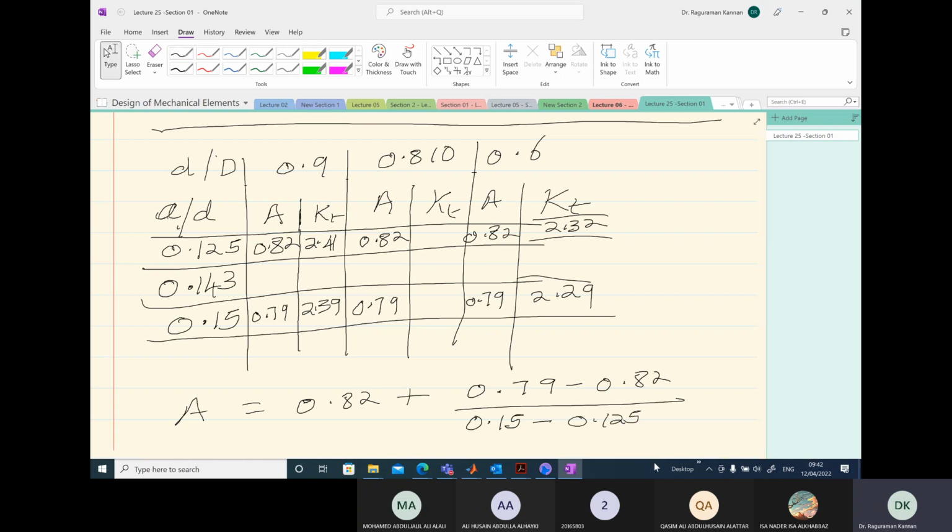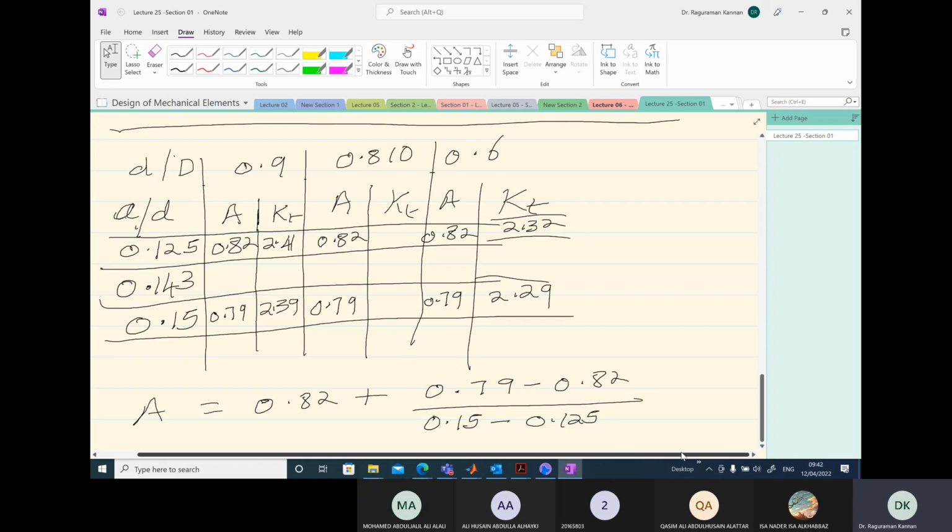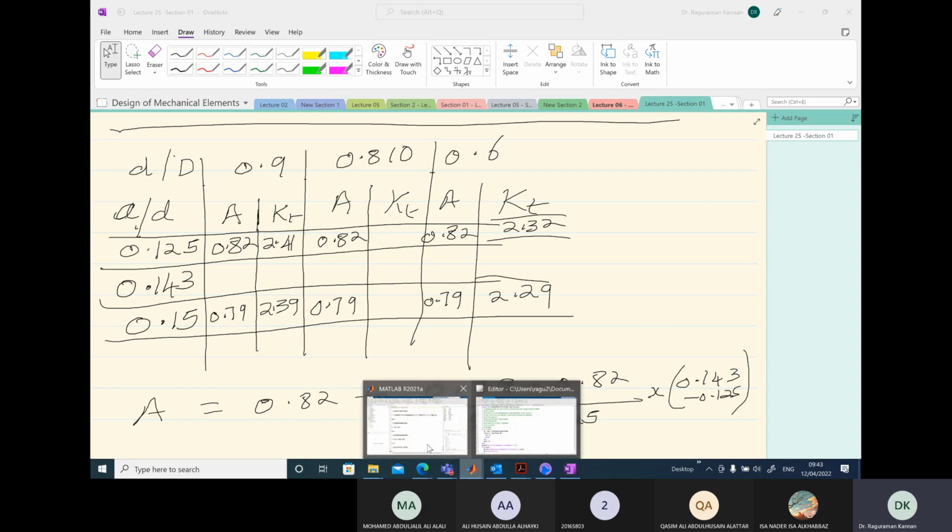That gives the slope, multiplied by the change in value here, 0.143 minus 0.125. That gives us the A value which we can interpolate.